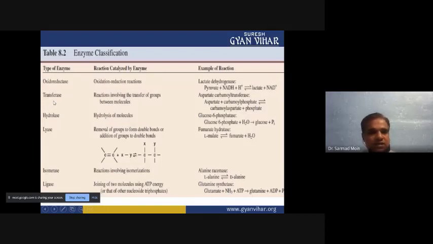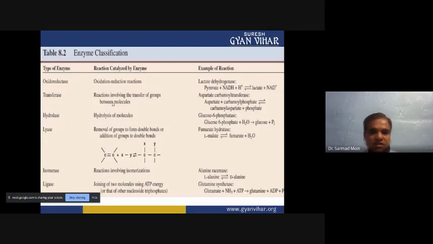Okay, then the second example is transferase enzyme. By the name itself you can understand what they are doing. They are transferring. That's why the name is transferase. Oxidoreductases do oxidation and reduction reactions. The transferase enzyme involves the transfer of a group between molecules. Reactions involve the transfer of various types of groups from one molecule to another.